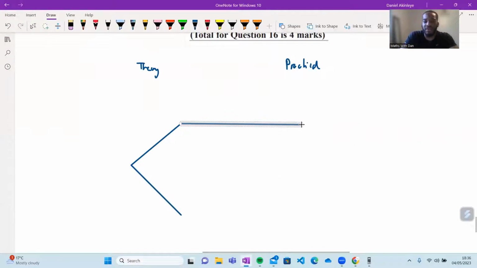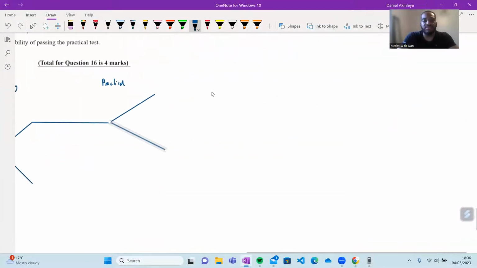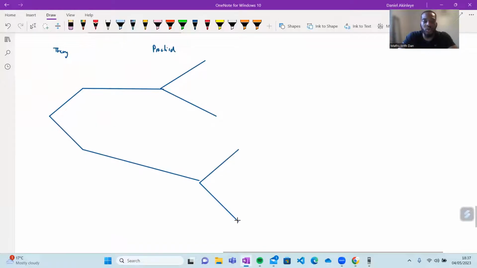I'm just not good at drawing branches, so I need to draw one like this. Let me zoom out a bit, actually, and then put this down. So this is my tree. Obviously, I'm sure you guys can do it better than me, but it's all the same.